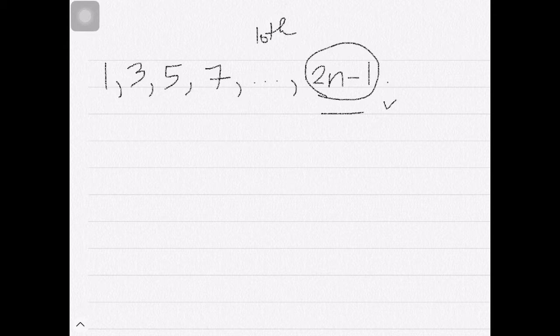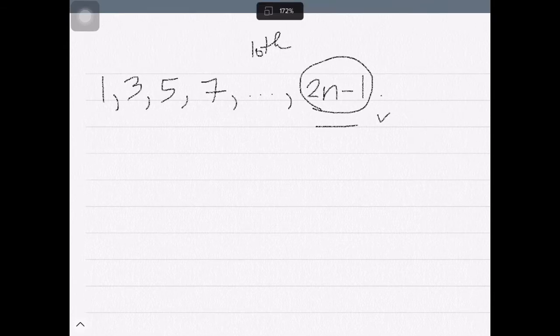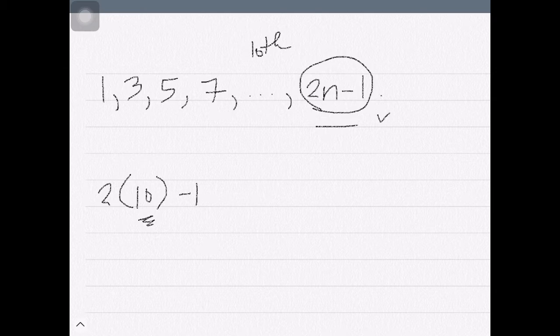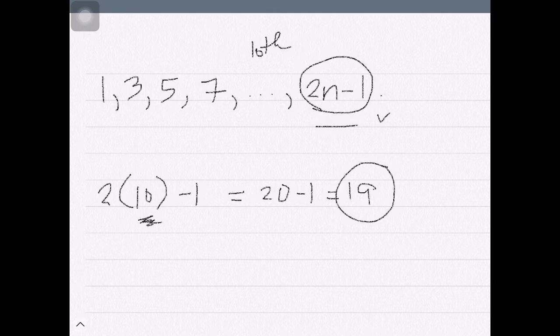That would be 2 times 10, because we're looking for the 10th term, minus 1, and that would give us 20 minus 1, which is 19. And they would even tell you that 19 is really the 10th term of this arithmetic sequence.